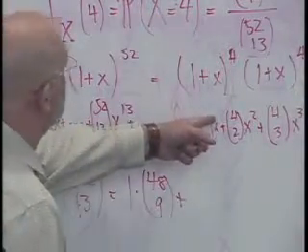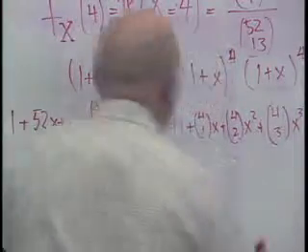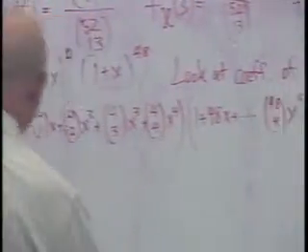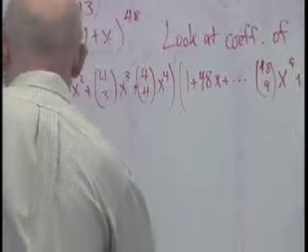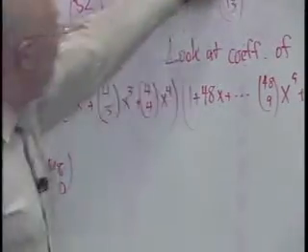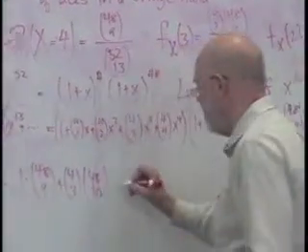Okay, now we've got this 4 choose 3, x cubed. This x cubed has to be paired up with x to the 10th, and the coefficient of x to the 10th is 48 choose 10. Here's this numerator. Here's that numerator. I'll do one more just so you get the general idea.